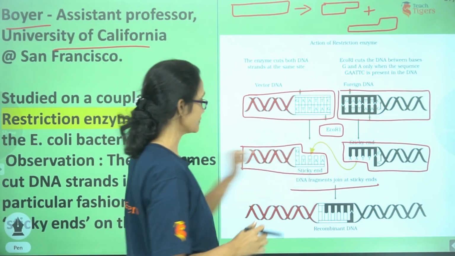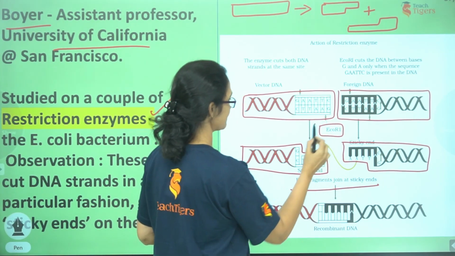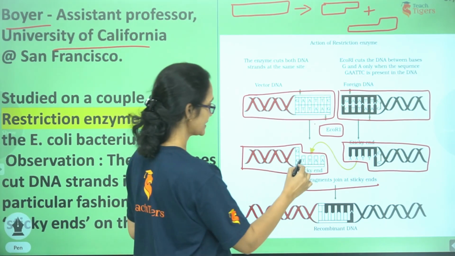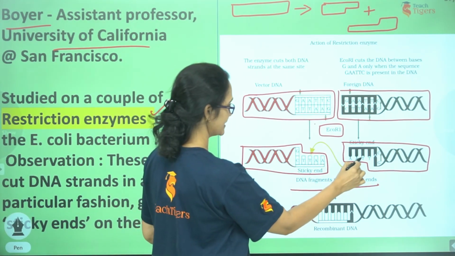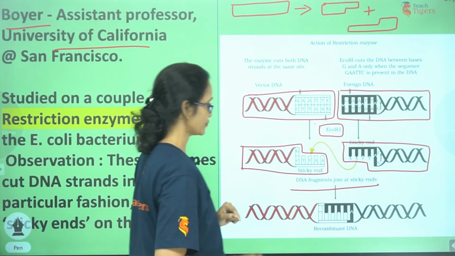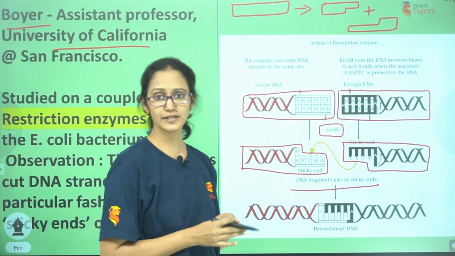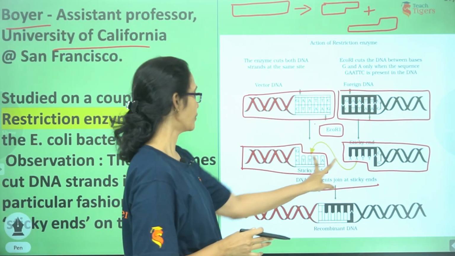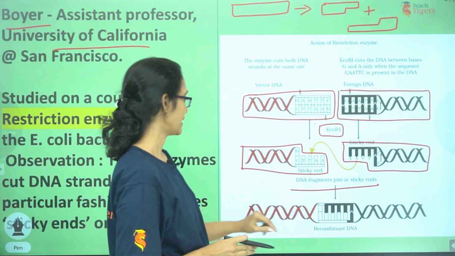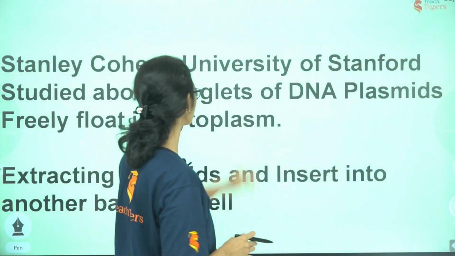Observe carefully, the sticky-ended fragments generated by the same enzyme are complementary to each other. So this is TTAA and this is AATT. TTAA is complementary to AATT, right? So whenever sticky-ended fragments are generated from a single enzyme, both the fragments can be easily joined. And this is how restriction enzymes are useful.